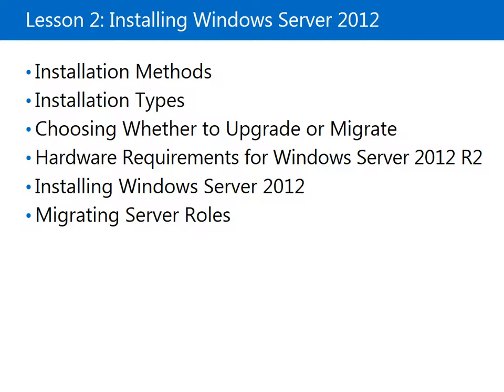We also need to think, I could be installing hundreds of servers. And we talked about data center last night, right? 64 sockets, 640 multi-core or virtual processors, and up to 4 terabytes of memory. So you could be installing 100 virtual servers on one physical box. So are we going to upgrade or migrate?